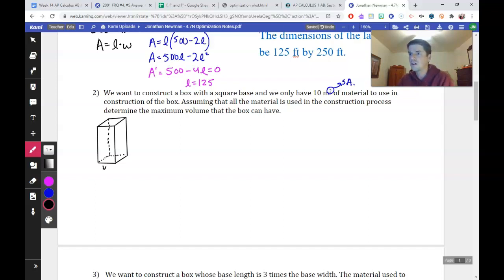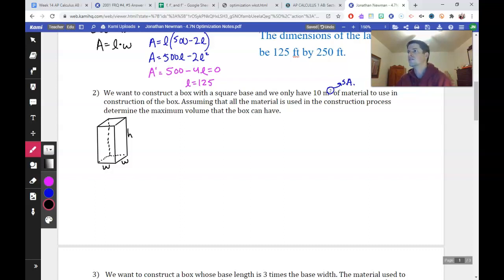So we'll use W here for width, and if it's a square base, then they're both width, so we'll use W and W, but the height is going to be something different. They might turn out being the same number, but it's a different variable because it didn't say a cube, it says a box with a square base.